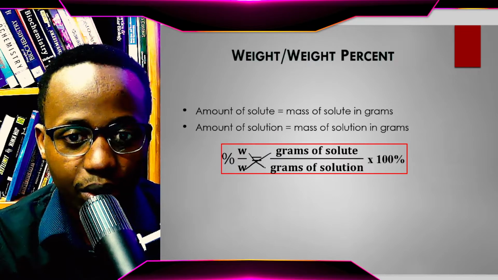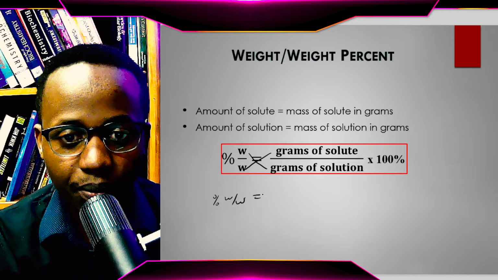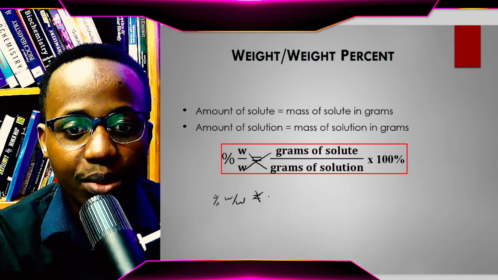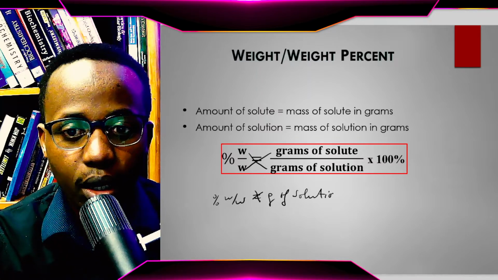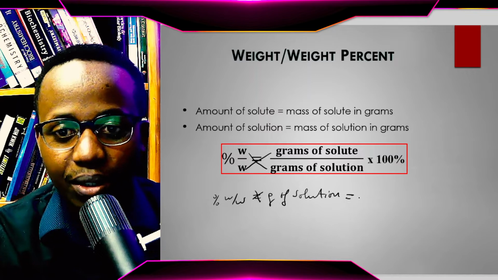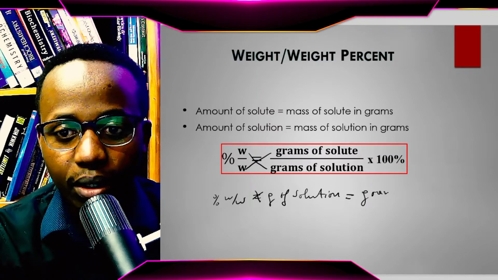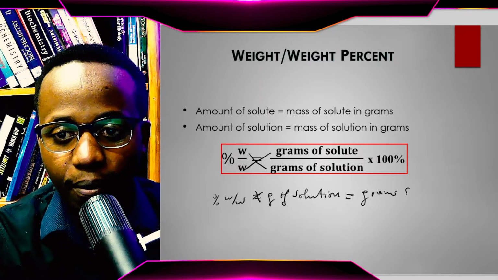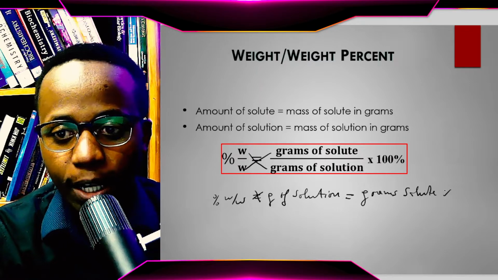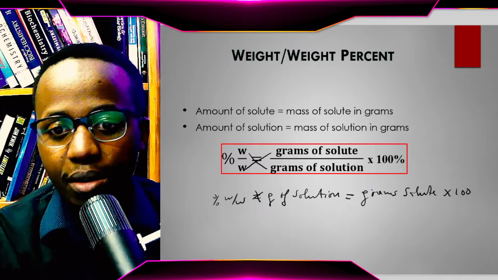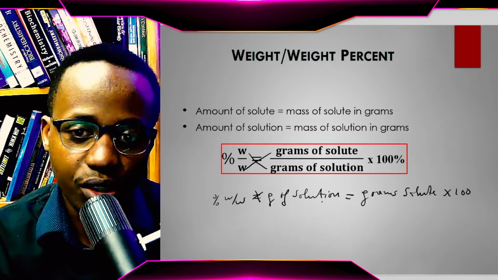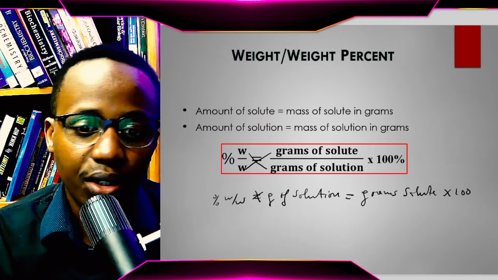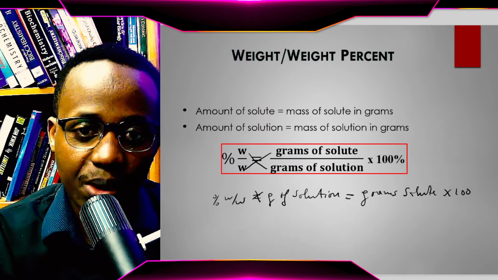We do the cross where you say that percent of weight per weight times grams of solution is equal to grams of solute times 100. And then from here, you can go ahead and solve out any of these 4 terms depending on what I'm asking you. So you should be able to move it around like that.